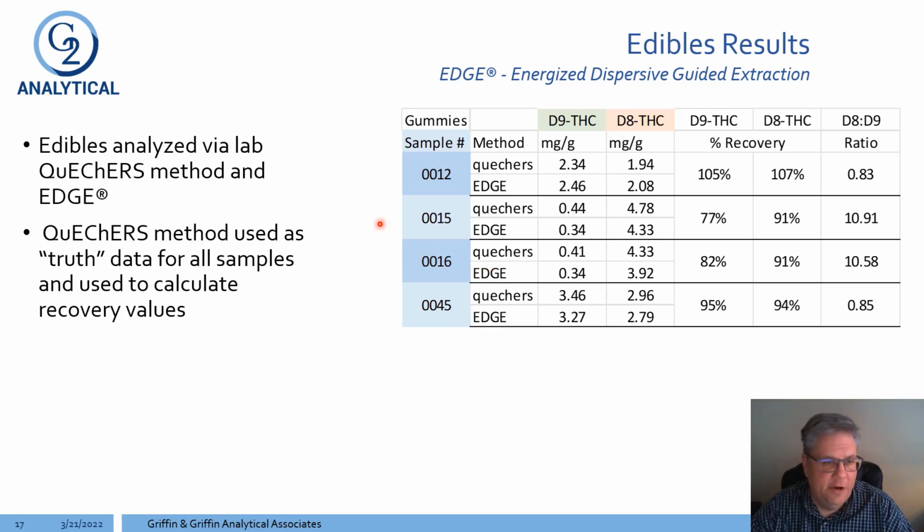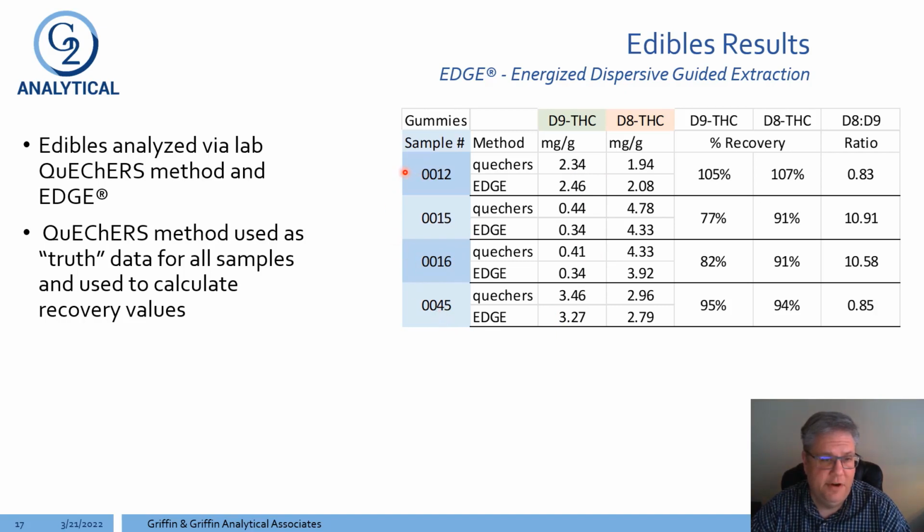However, we're now noticing there's a trend from formulators to introduce what they call hemp-derived delta-9 THC. And so that is THC that is derived from hemp, and they are infusing that into products. And so 0012 and 0045 both contain much more delta-9 than samples 15 and 16.